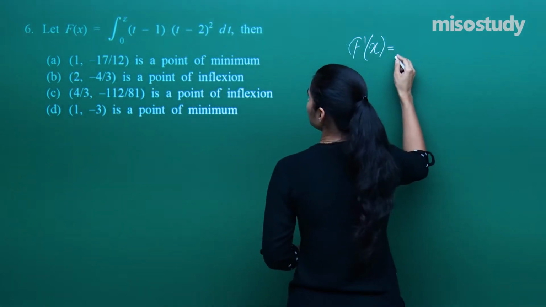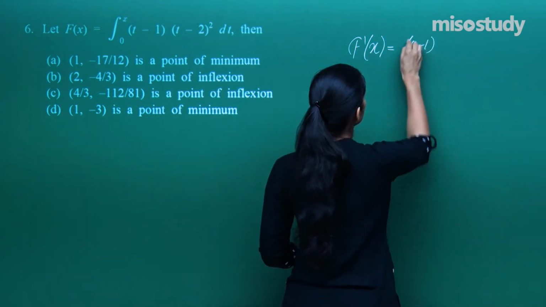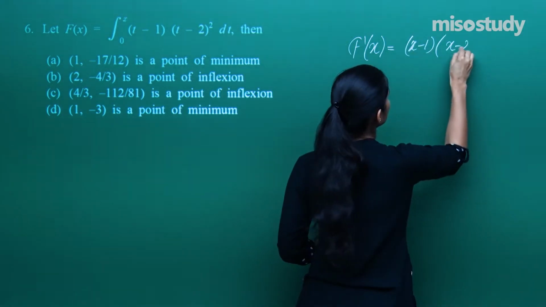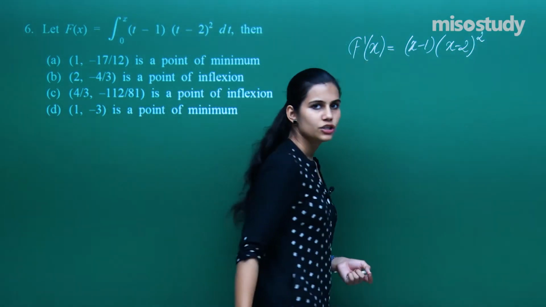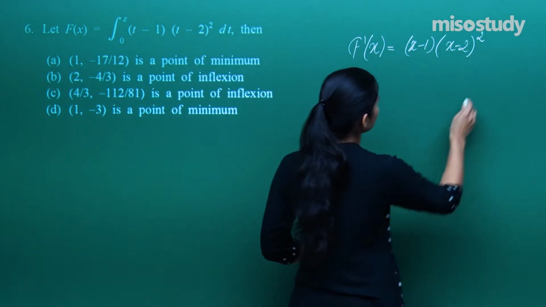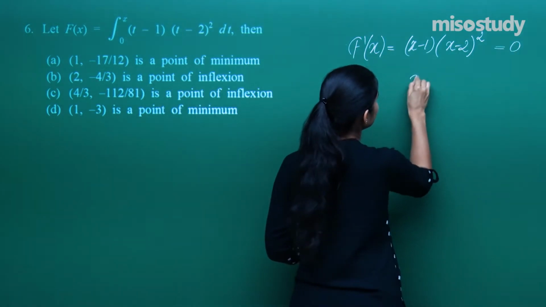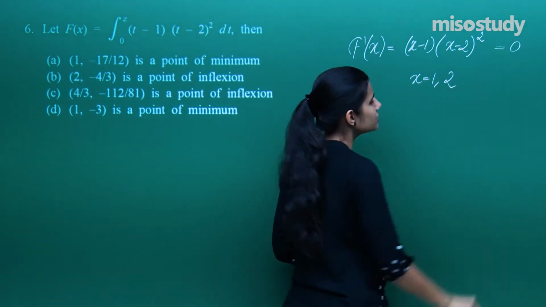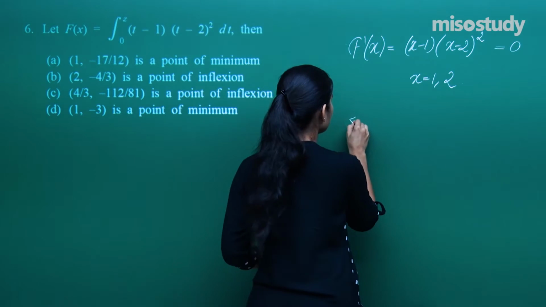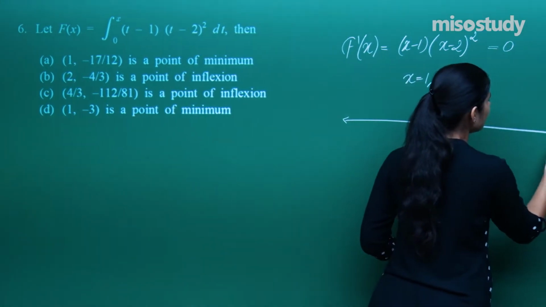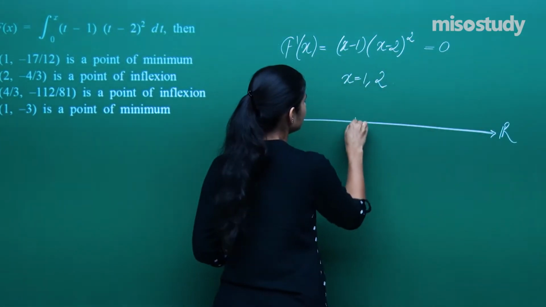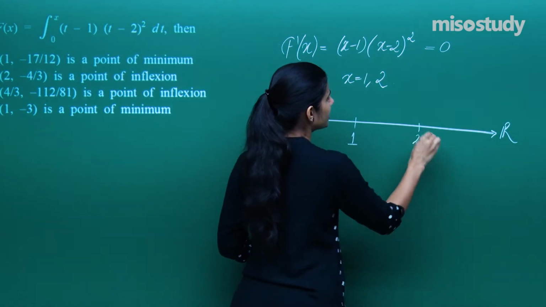It's pretty simple. f dash x will be (x minus 1) into (x minus 2) whole square. Not a problem. If this is f dash x, when you put it equal to 0, you basically get x equals 1 and x equals 2. Now, talking about the entire real line, this is 1 somewhere and this is somewhere 2.